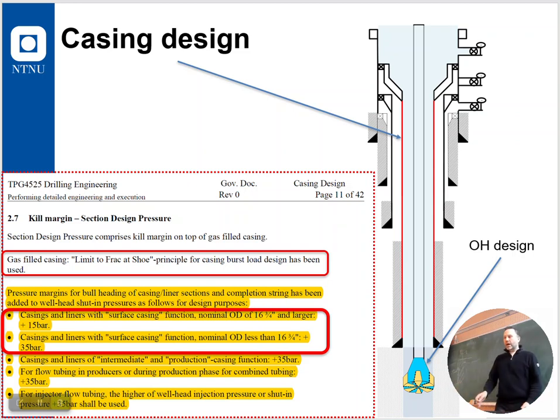Now, this section design pressure is as simple as when you go to those operating the rig. They would ask you what is the section design pressure, because they want to test their BOP to this pressure and no higher.